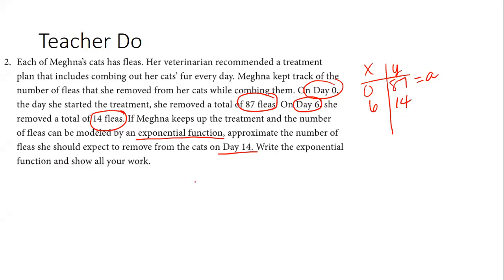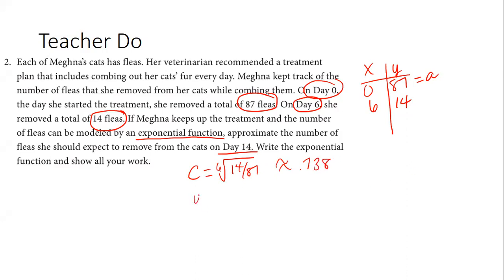All right, go. Okay, so to find your c, you should have done the 6th root of what? 14/87. Did we get that? And what did we get approximately for that value? 0.738. Yes.